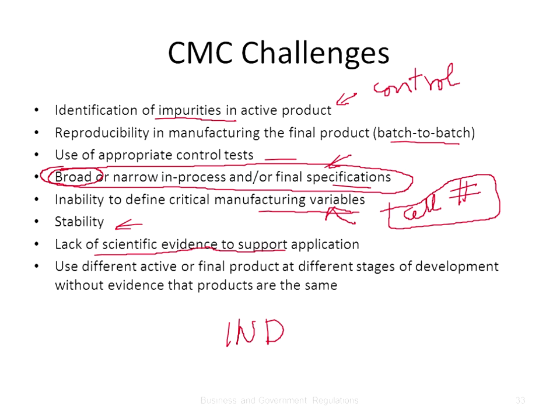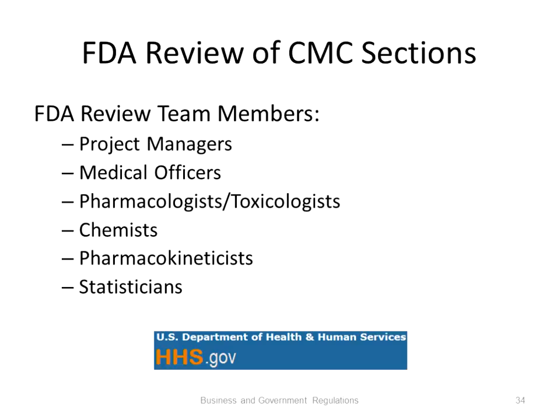And as I mentioned before, sometimes you use different active materials at different stages of development. So again, you have to show that your product is equivalent. These are all challenges that we face in putting together CMC.